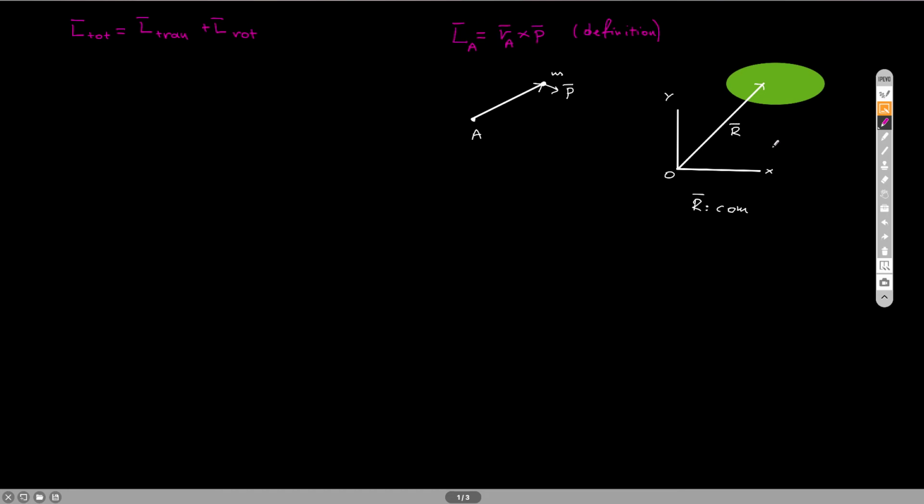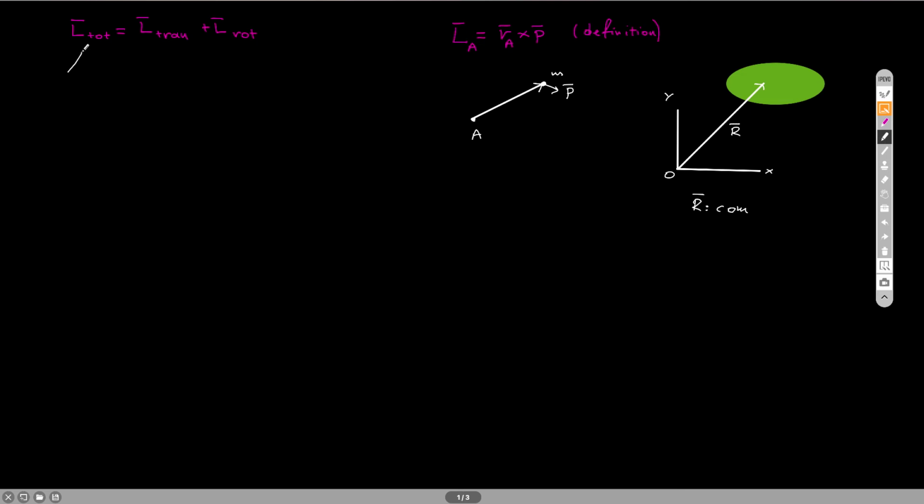If I use the definition of the center of mass, break the solid object into a large number of small pieces, and add all of those angular momenta, then I can show the total angular momentum of the solid object, let's make some notes.